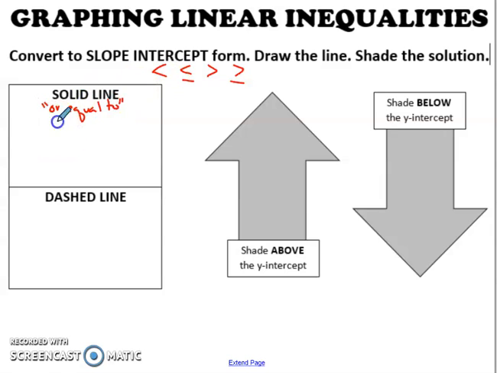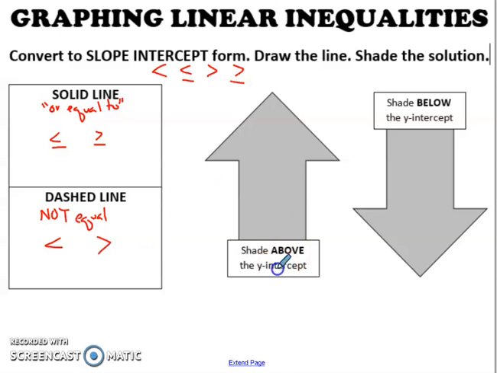So if my symbol is less than or equal to, or greater than or equal to, then my line when I draw my graph will be a solid line. Okay, so then dashed lines is not equal to. That means that the line is not part of the solution. It's not part of it, right? So that would be our less than and our greater than symbols.